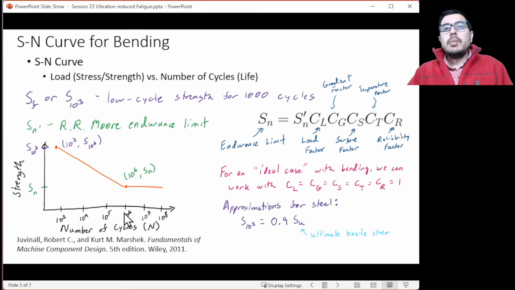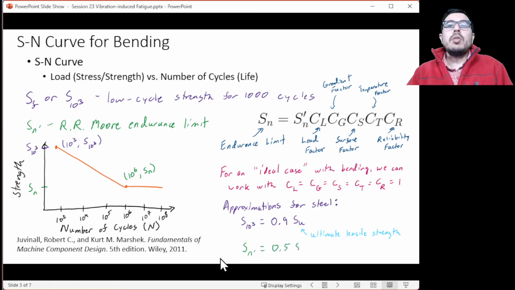Now, approximations for steel are as follows. If we have an ultimate tensile strength, we can say that the S10 to the third, or the low cycle strength for 1,000 cycles of fatigue, will be 0.9 times that ultimate tensile strength. This approximation comes from Juvinall and Marshek.